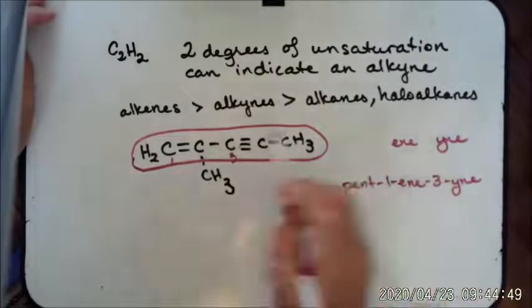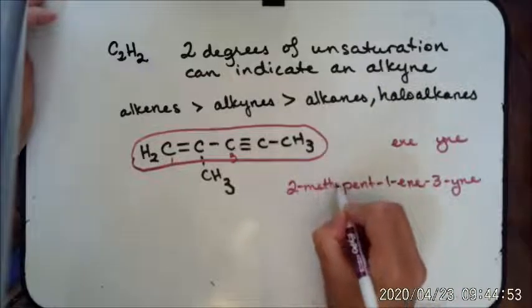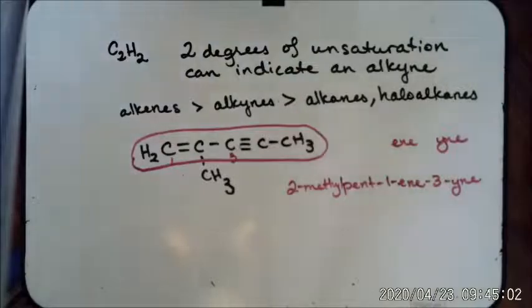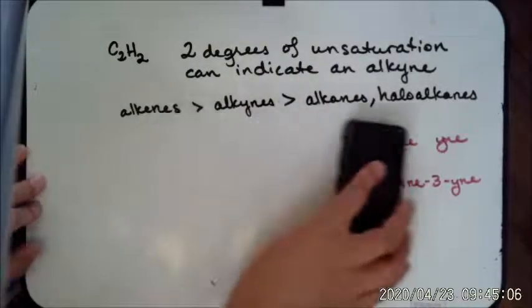And at the 2 position, I have a methyl. Okay, so that's basically how we go ahead and treat our alkynes. Let me give you one that doesn't have your alkene in it.